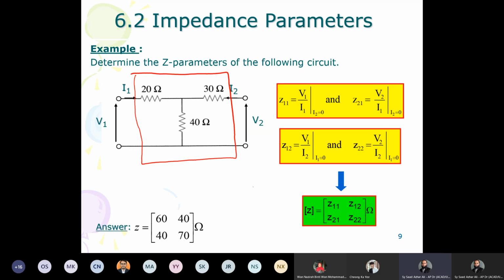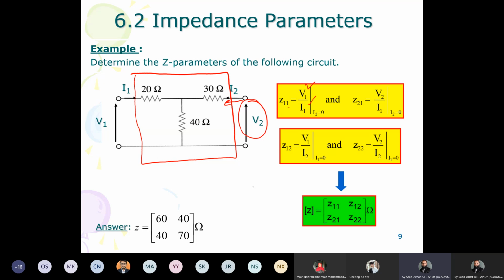Whenever we're finding Z11 equal V1 over I1 with I2 equal to 0, I2 equal to 0 means that this is kept as open circuit. So we just try to find V1 over I1, which will give us Z11.